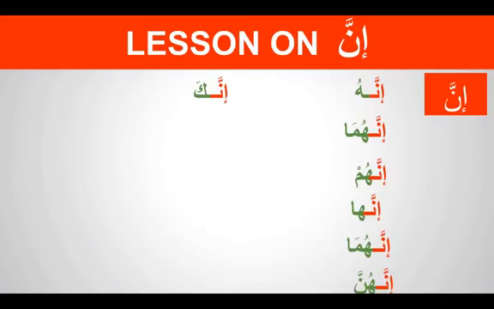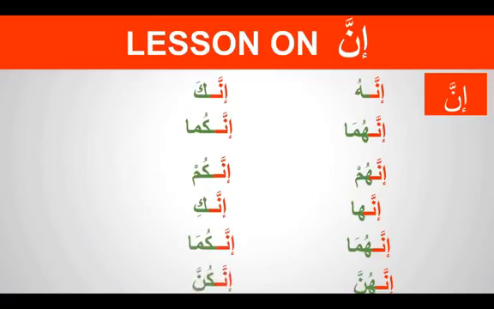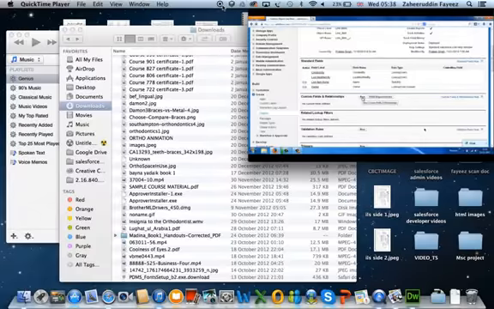Innaka antas samiul alim. So innakuma, innakum, innaki, innakuma, innakunna, inni. With inni it is ya mutakallim. We can say either inni or innani and innana. So this is how we can attach pronouns to inna and look for ismu inna and khabar inna.